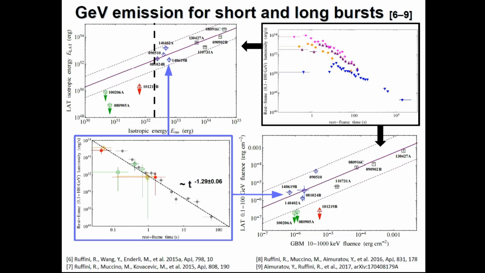And all of them follow the same behavior, also in the case of two neutron stars; the behavior is identical. So all of them mean that the black hole is there.